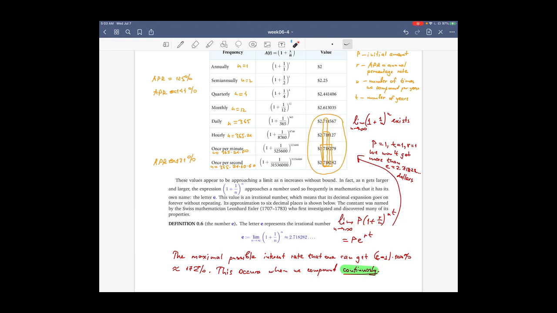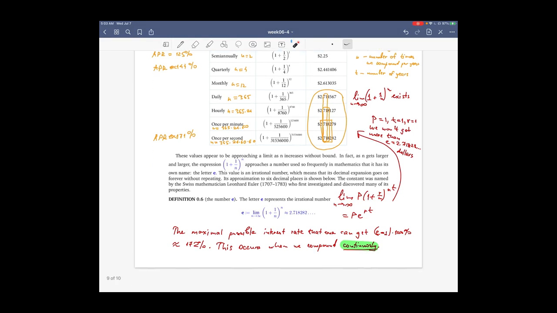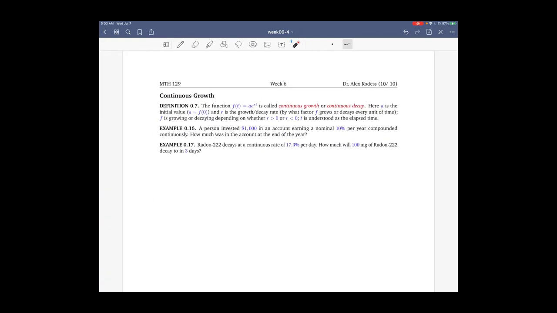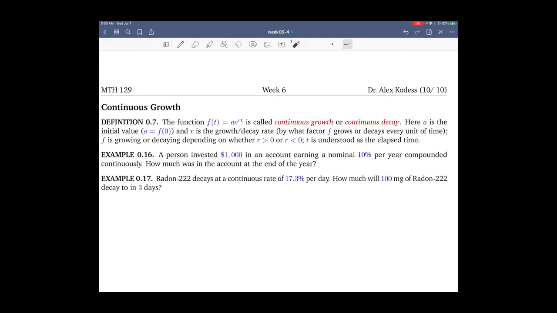This gives rise to the following definition. We say that a function is continuous growth or continuous decay if it is an exponential function of the form a e to the power rt.